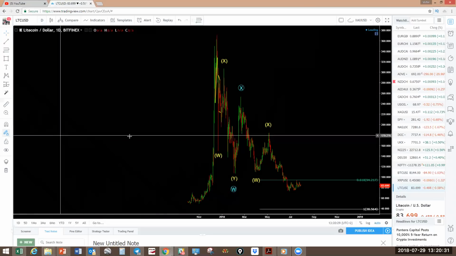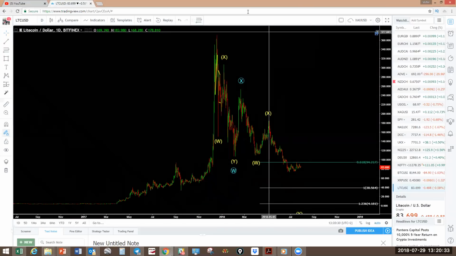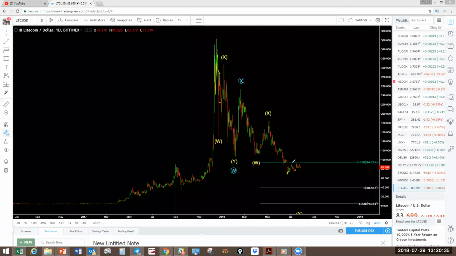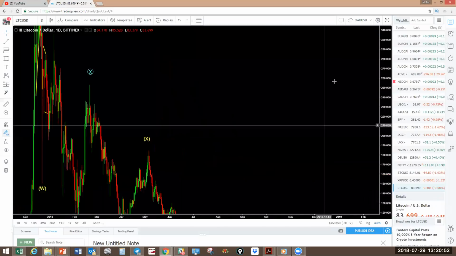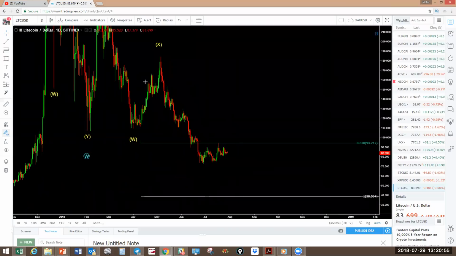This is actually going sideways. It has made a 1, 2, 3 wave move to the upside. It is now making a corrective structure. This can give you another 3 waves. So if it's doing that, that can be for continuation to the downside. As much as Bitcoin is going up with a strong move, this one is going up correctively with a slow move. That's normal. So let's go to the 4 hour.